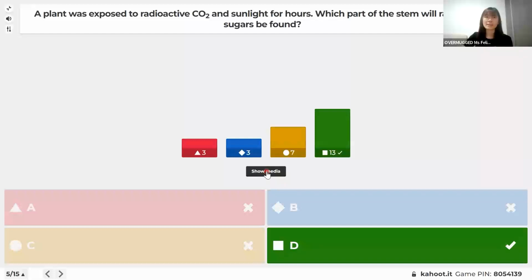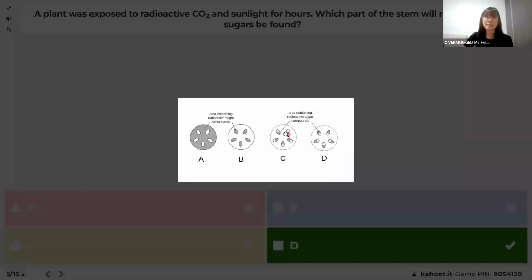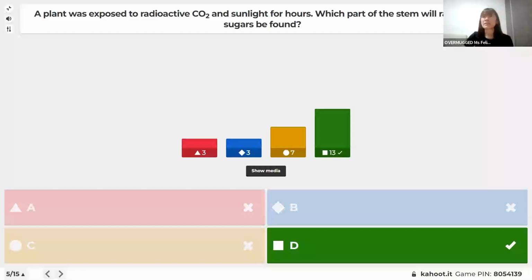So for sugar, it's just testing whether you know where the phloem is. So it will always be that the xylem is inside, food is outside. Usually I use this mnemonic called WIFO, instead of Wi-Fi. So it's like water inside, food outside. So WIFO. Yeah, so Wi-Fi becomes WIFO. Okay, then the next one.